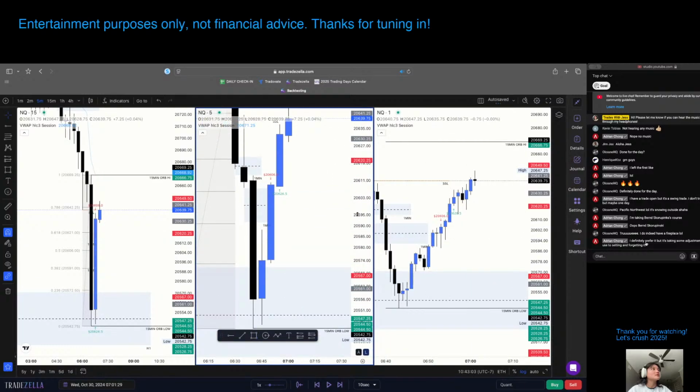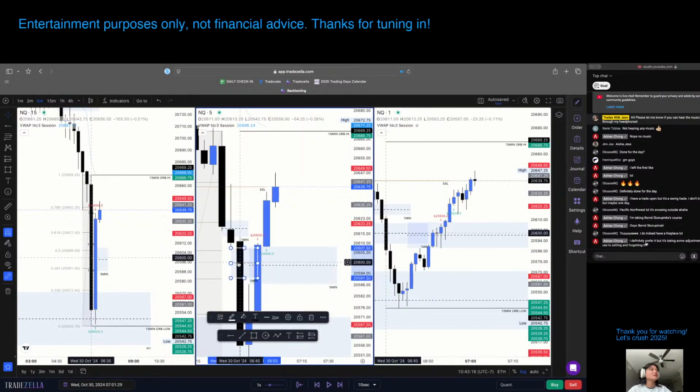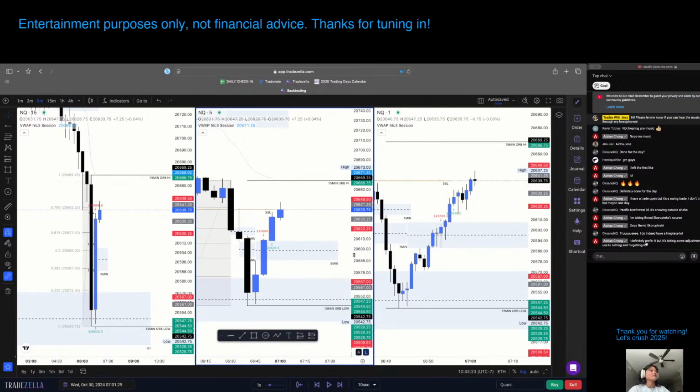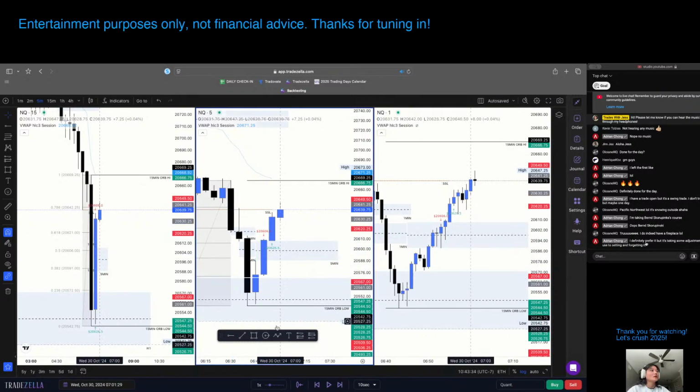Oh, there's no wick on this guy. Let's actually move it back more. It looks weird because you see how it overextends it? Because it's the 5 minute? Very weird. Oh, it's because it's on the wick. I'm sorry. I'm tripping.